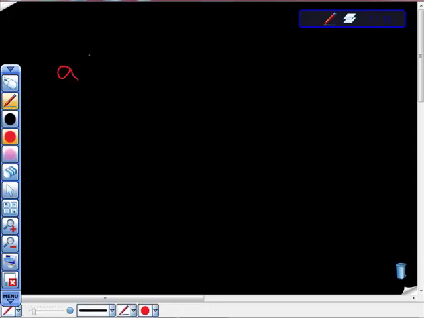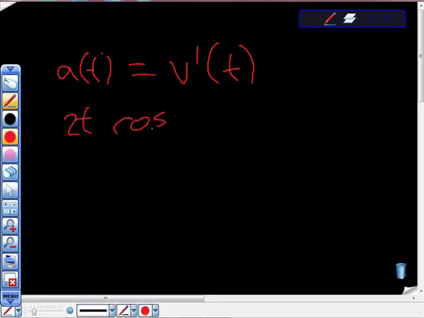Acceleration a of t is equal to v prime of t, and if you put it in a calculator, v prime of t is equal to 2t cosine of t squared.